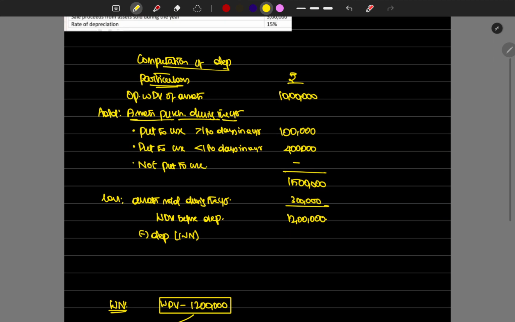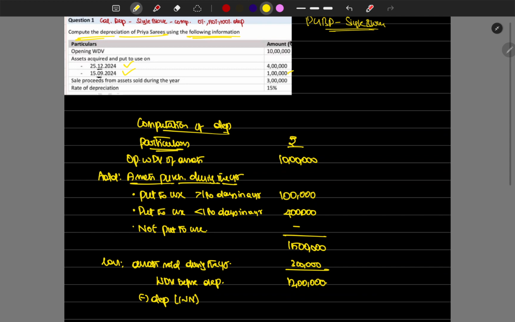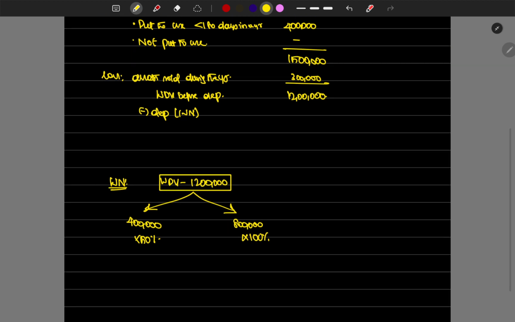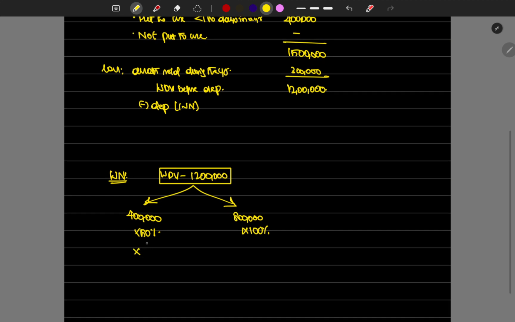In this we know that 4 lakh worth of assets has been purchased during the year and used only for less than 180 days, so 50% of depreciation has to be taken. And the balance asset, which is 8 lakh, is 100%, no problem, we can take the full depreciation. The depreciation rate is 15%.